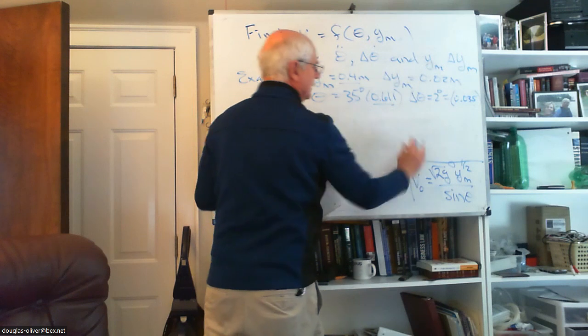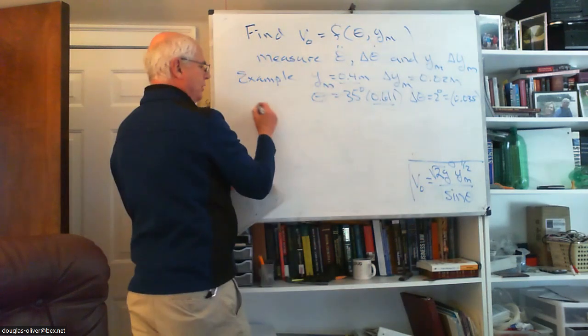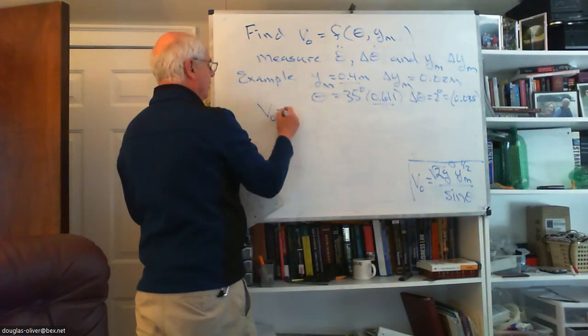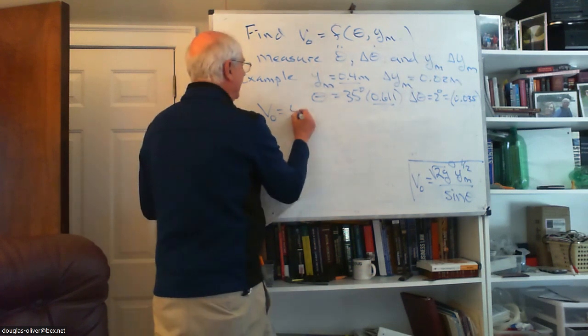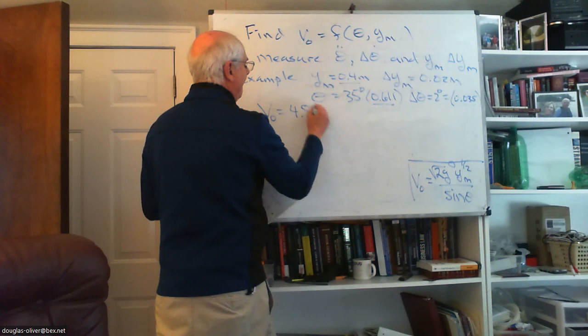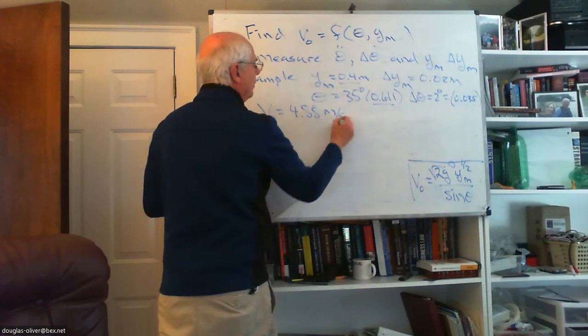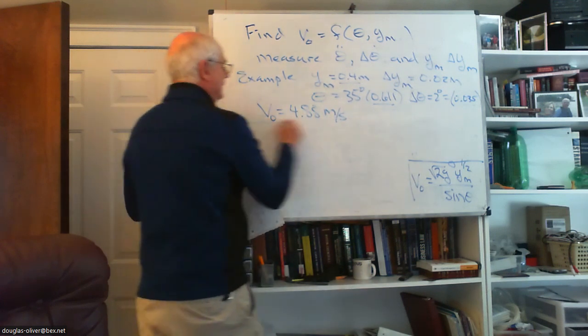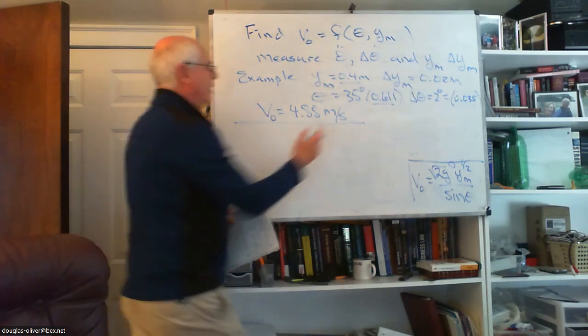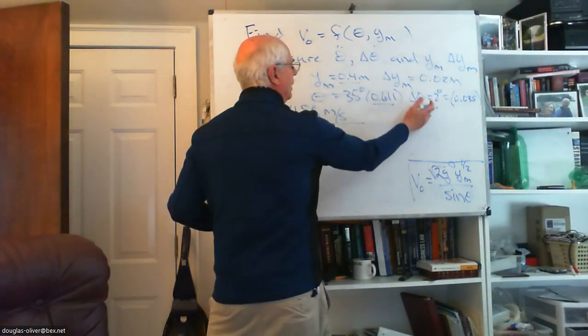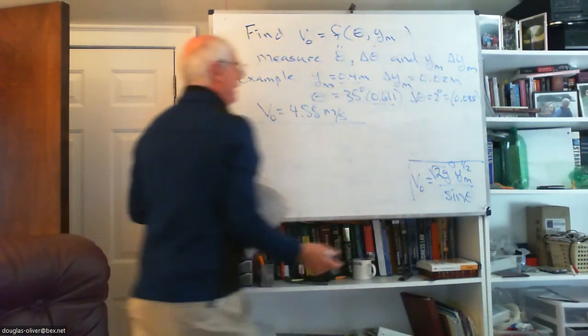Now plug these into this equation, and we get V0, our initial speed, is 4.88 meters per second. Now let's get the uncertainty in this, because we have an uncertainty in our angle and an uncertainty in our ym.